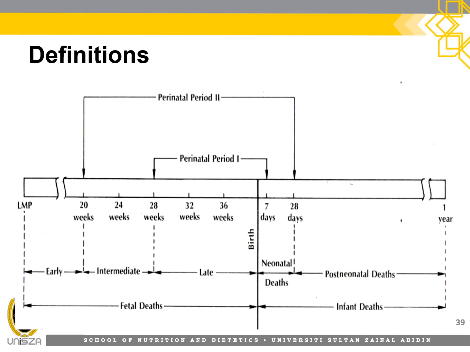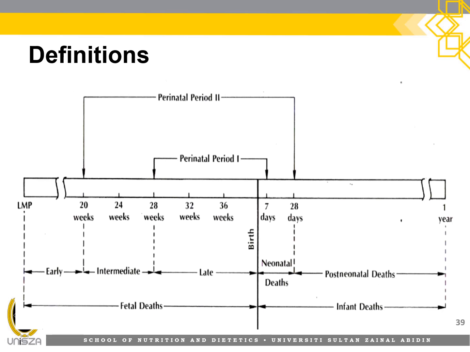We also have early fetal death, which occurs at less than 20 gestational weeks, intermediate fetal death at 20 to 28 gestational weeks, and late fetal death from 28 weeks up to before birth.